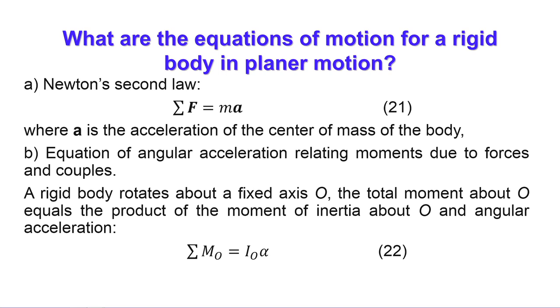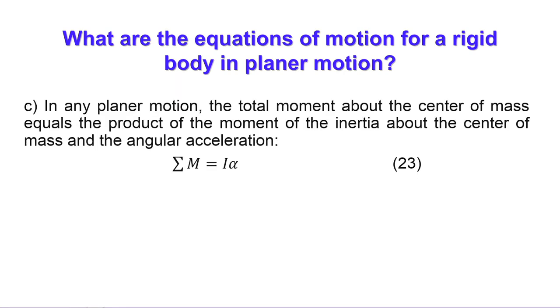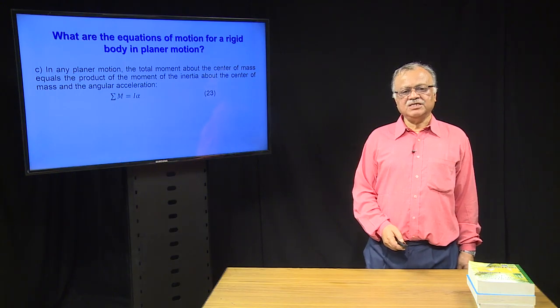So, M 0 is the moment about O, I 0 is the moment of inertia about O, alpha is the angular acceleration. This relation is also very useful. And another equation: if the total moment about the center of mass is M, the moment of inertia about the center of mass is I and the angular acceleration is alpha, then M equals I alpha.